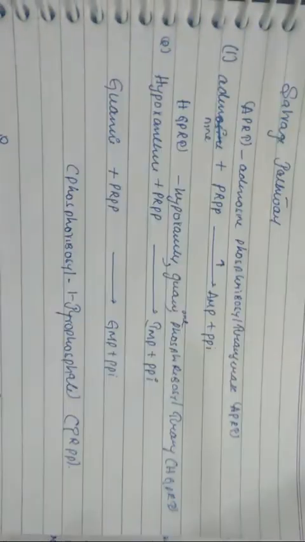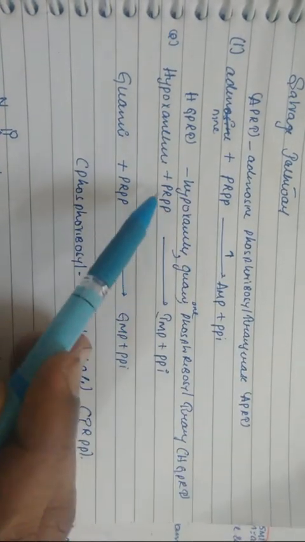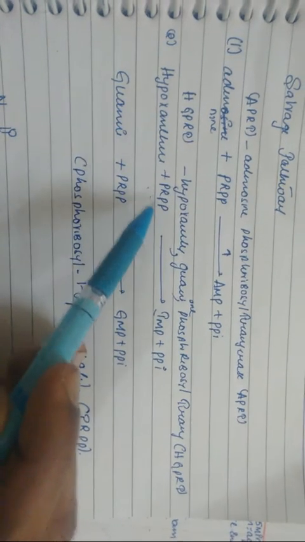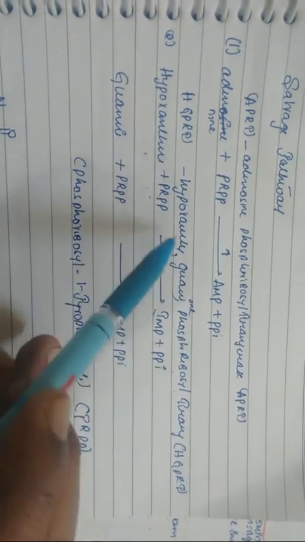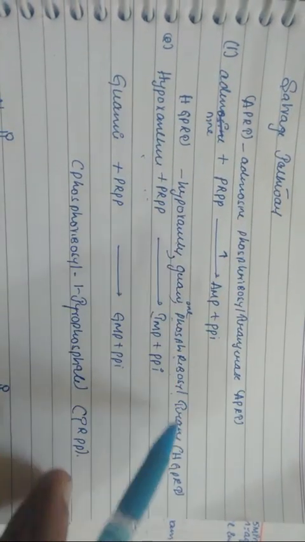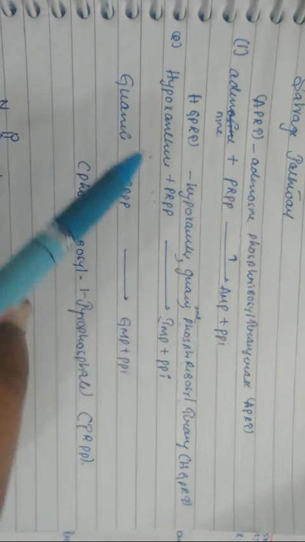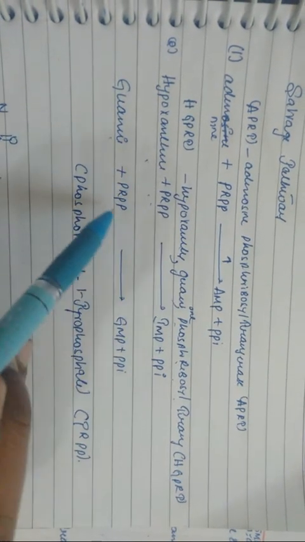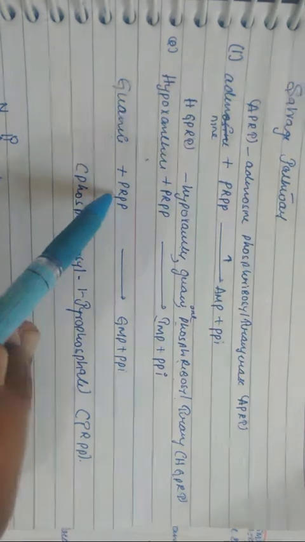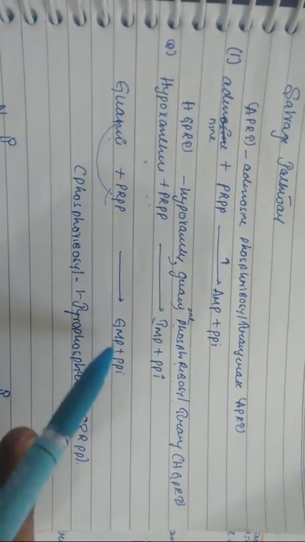It is none other than phosphoribosyl transferase. Since it is transferring to xanthine, it is known as xanthine phosphoribosyl transferase. This enzyme is also used in the conversion of guanine to guanosine monophosphate. This enzyme takes one phosphate and ribose from PRPP and donates it to guanine, so it converts into guanosine monophosphate.